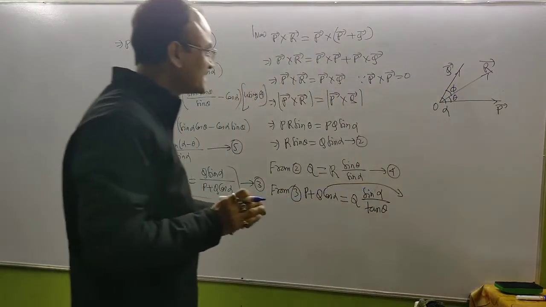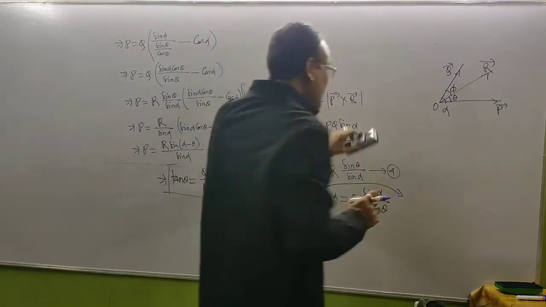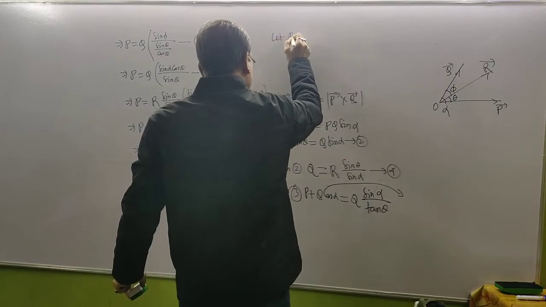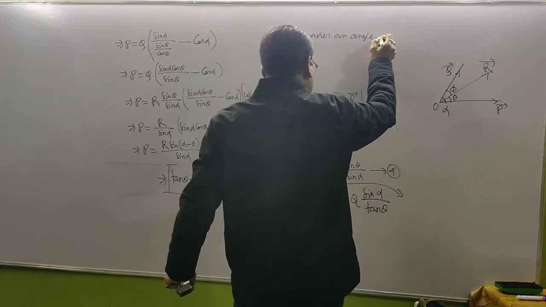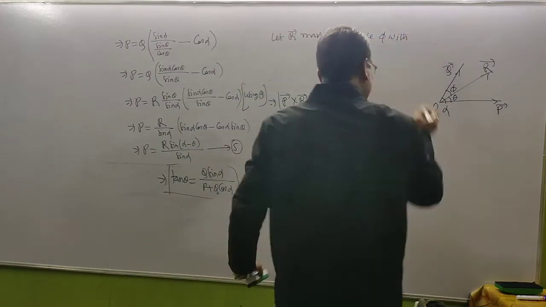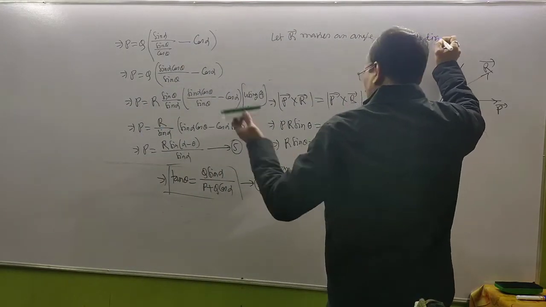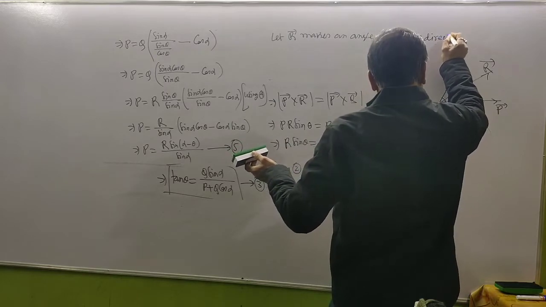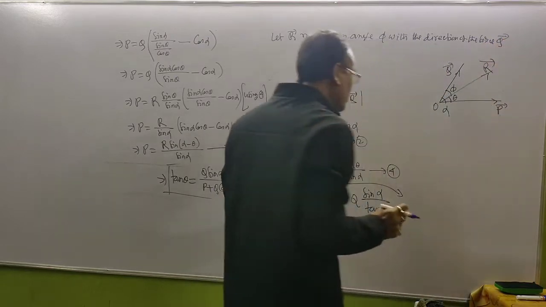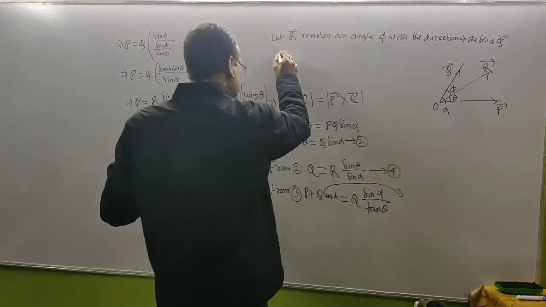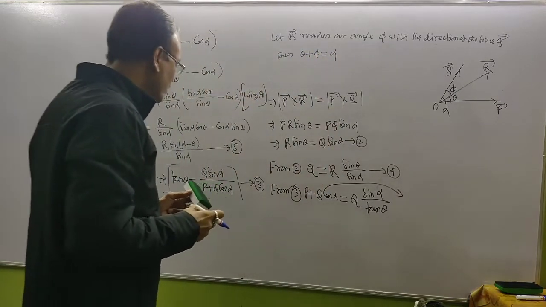Let us suppose that R vector makes an angle phi with the direction of the force Q. Then theta plus phi equal to alpha.